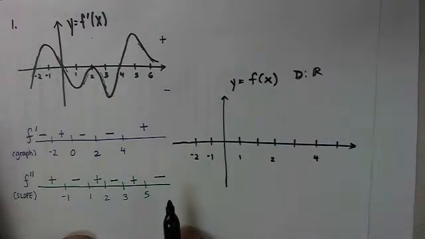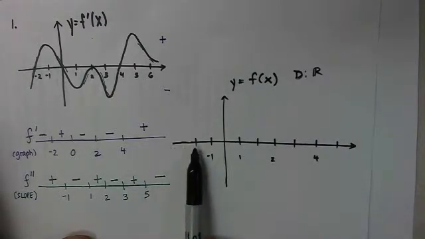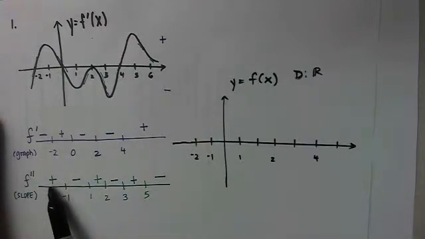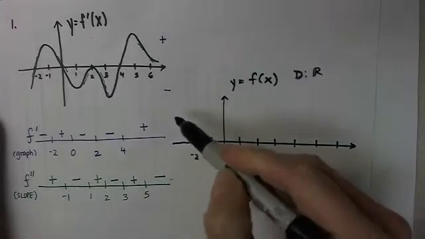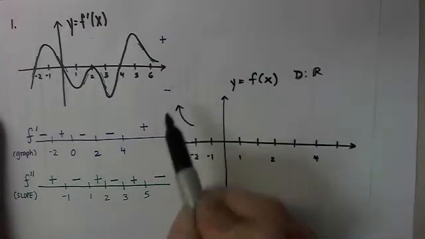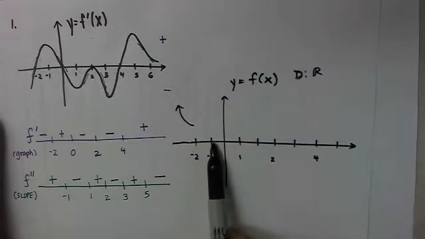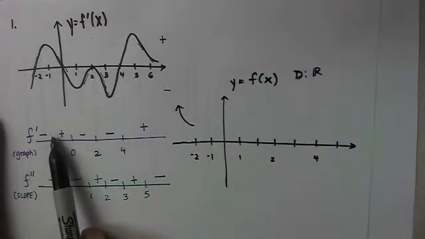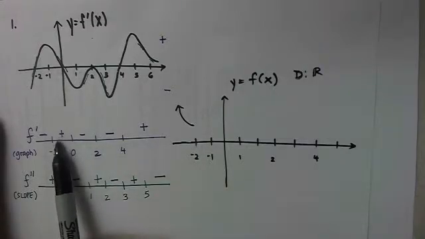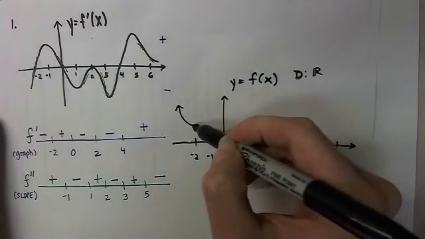That's okay. From -∞ to -2, the first derivative is negative and the second derivative is positive, so we are decreasing and concave up. Between -2 and -1, it switches to increasing, but it's still concave up.